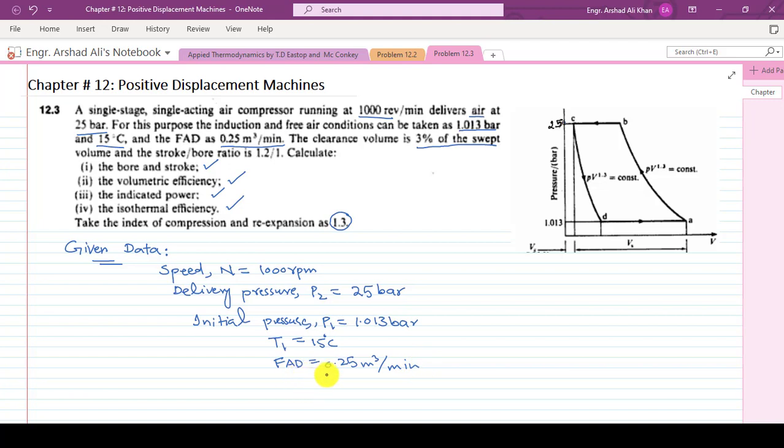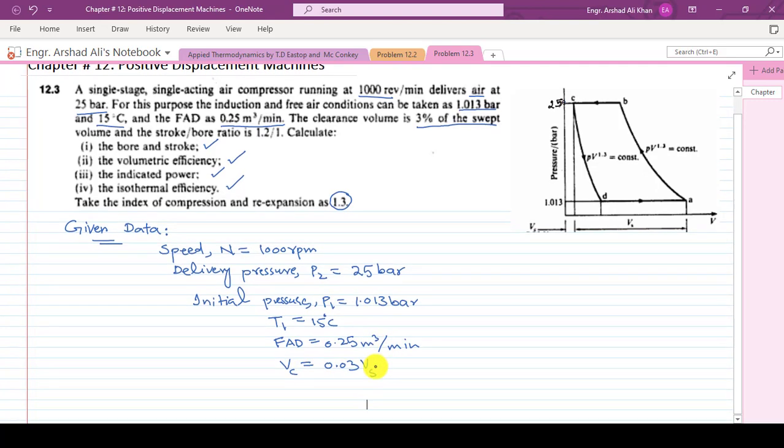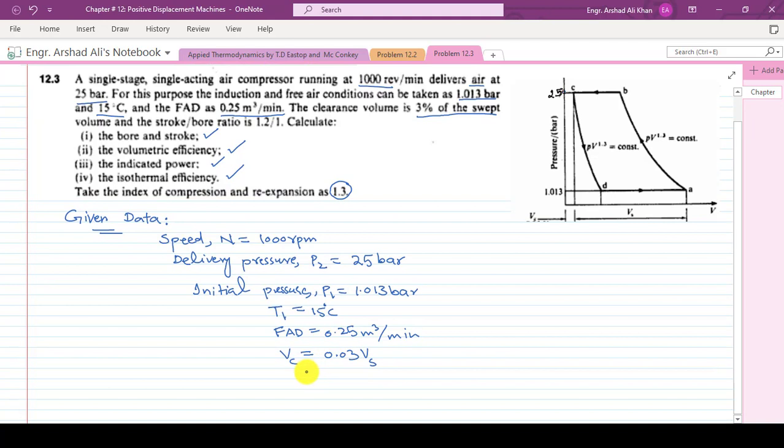The clearance volume, Vc, is 3% of the swept volume, that is, Vc is equal to 0.03 of the swept volume Vs. Swept volume is represented by Vs while clearance volume is represented by Vc, and the stroke to bore ratio is 1.2 by 1.